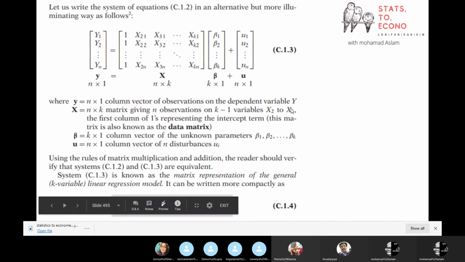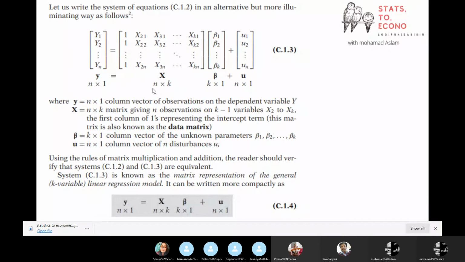Now this is how we can write this equation in matrix form. Yesterday we had y equal to beta 1 hat plus beta 2 hat multiplied by x plus residual term. Here we have Y matrix equal to X matrix multiplied by beta matrix plus residual term.